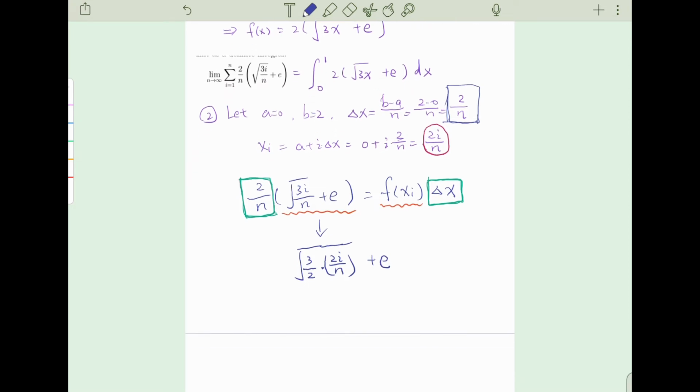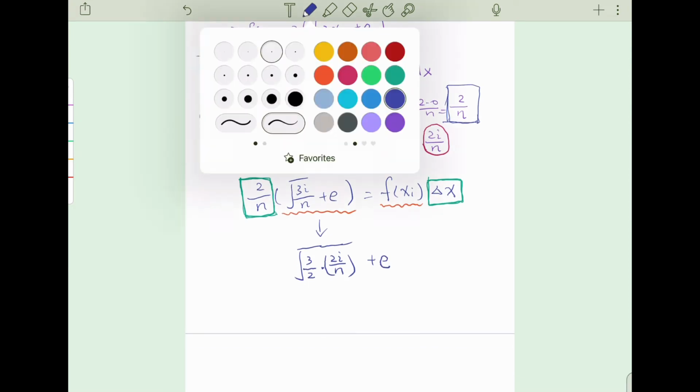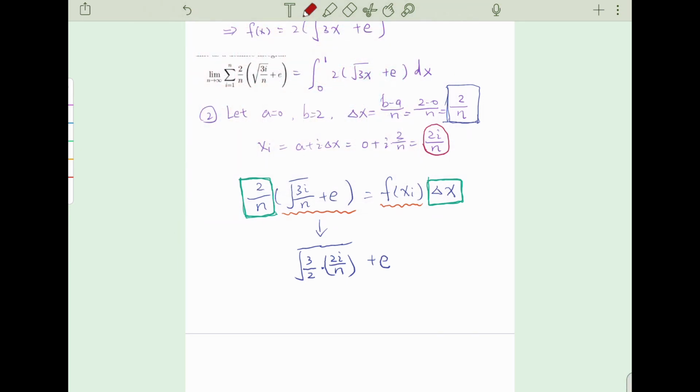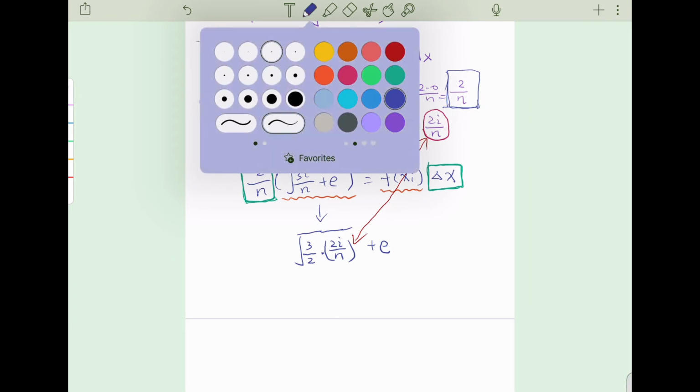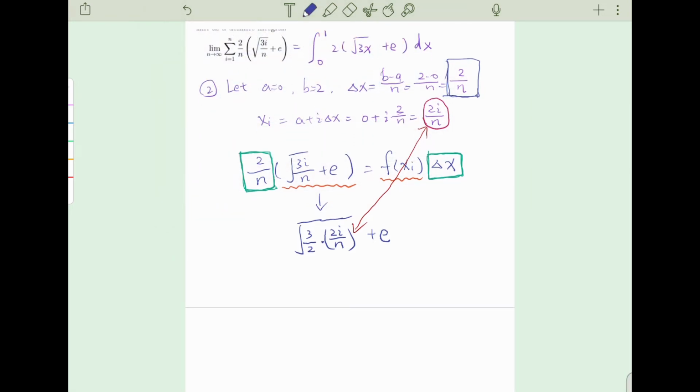Okay? Now we have this xi here, and we know that this expression has to be f of xi. So this way we know what the f of x has to be by thinking reversely. So f of x has to be 3 divided by 2x plus e.